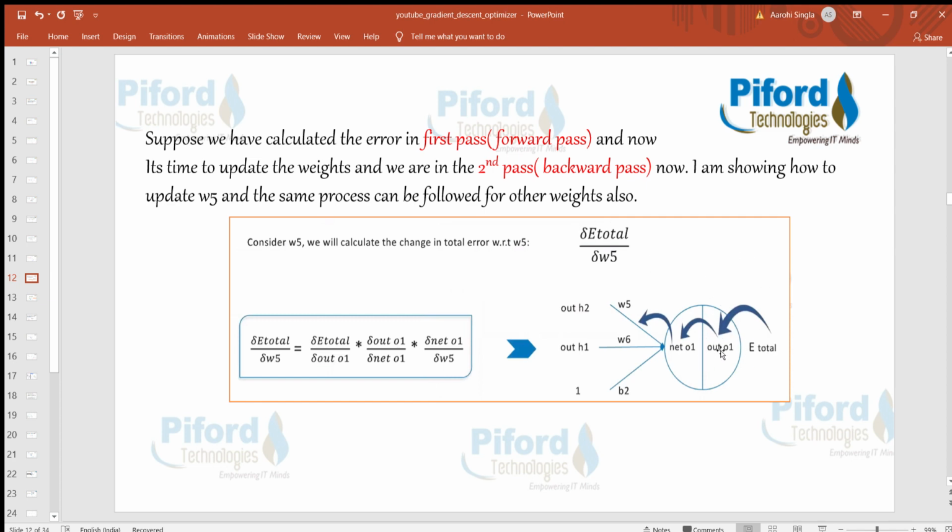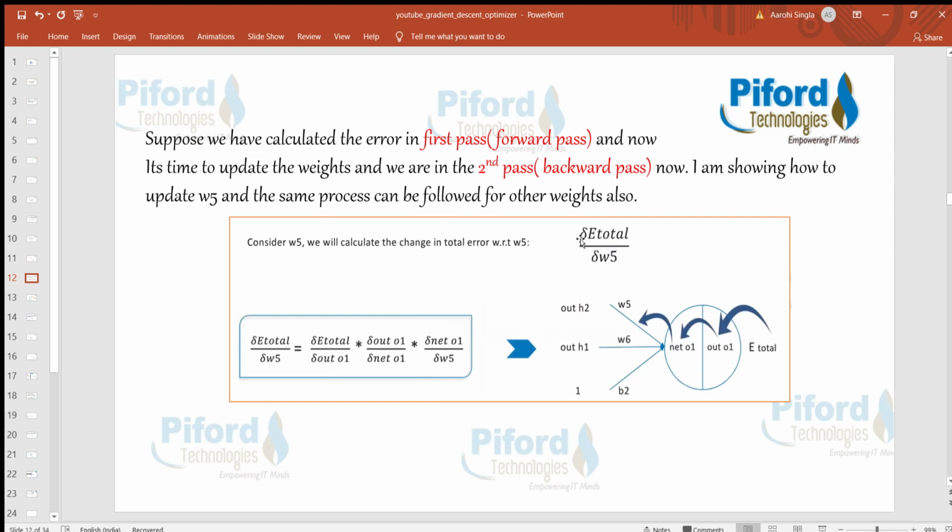This out o1 is dependent on net o1, and this net o1 is dependent on W5. I am showing you how to solve it using only one weight. The same procedure we have to follow for all the weights, but over here I'm showing you how to update the W5 weight when we have this error.